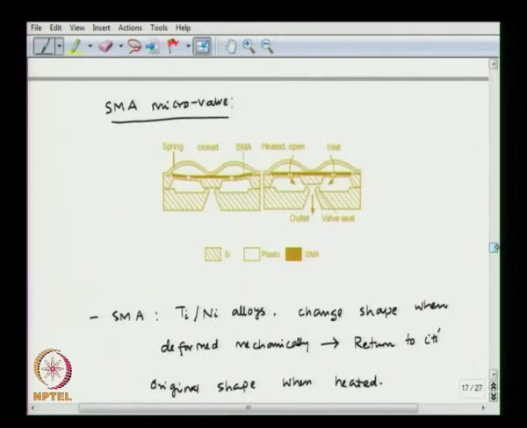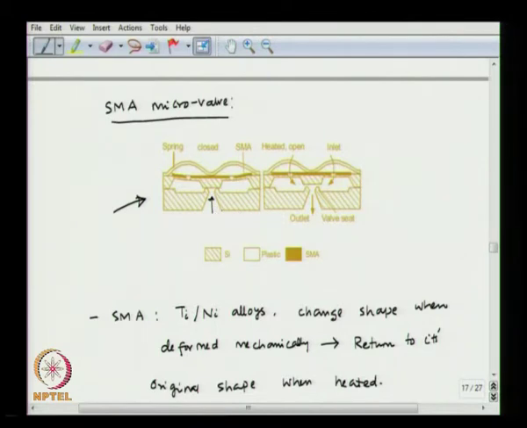So, this is one such microvalve which is based on shape memory alloy. As you can see here, initially the valve is closed, because that is the original state of the shape memory alloy.